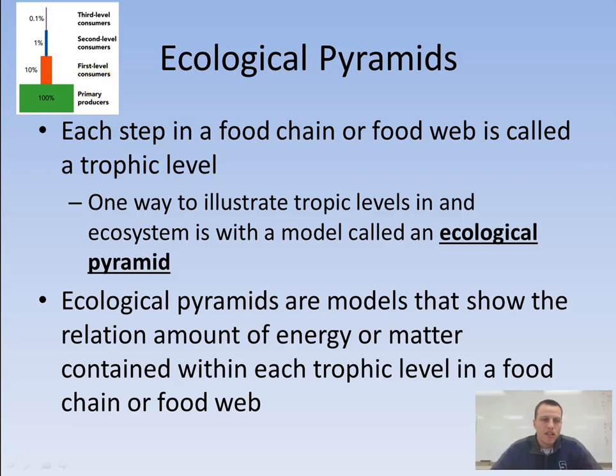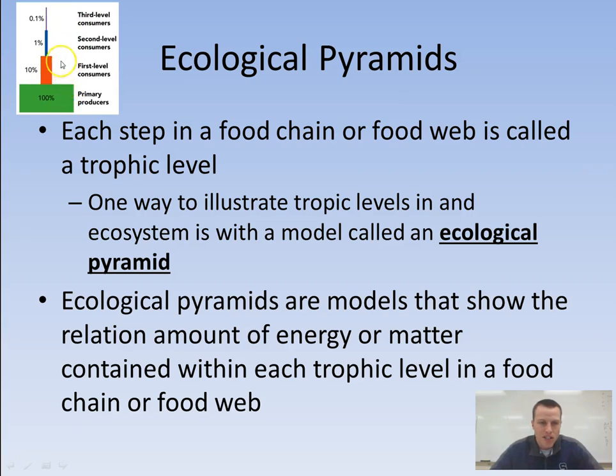So it models how much energy each trophic level has for the next trophic level. Primary producers produce the food that we need, so 100% of the energy they have goes to the next level. And you notice, you can see here, it goes down by about 10% each level that is consumed.